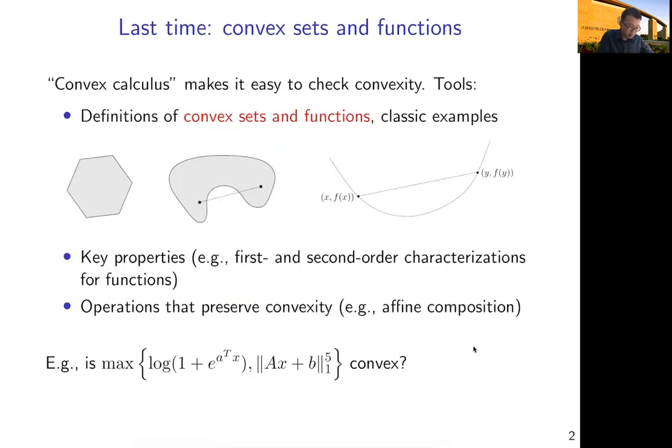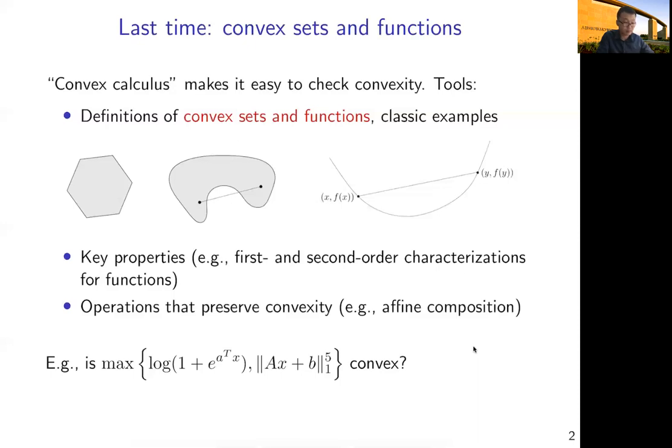Okay, so I'm going to skip these review slides because we just talked about them. So we talked about convex sets and convex functions. With the composition rule, you should be able to tell whether these two functions are convex, right? This is a complicated shaped function, but if you apply the rules that we've learned before, then you should be able to argue whether this is a convex function or not.